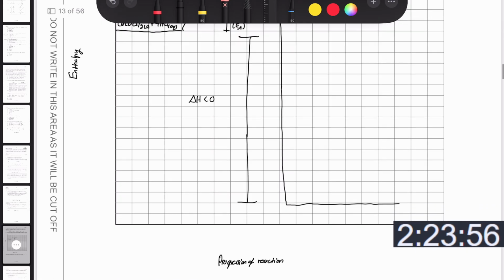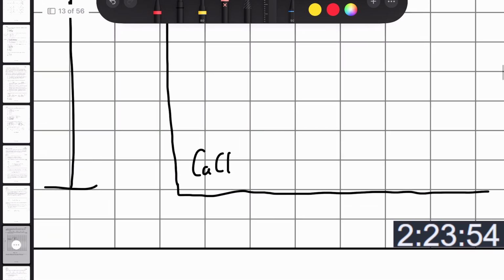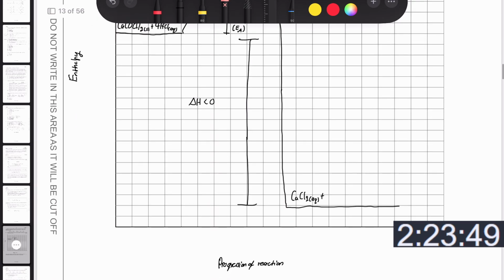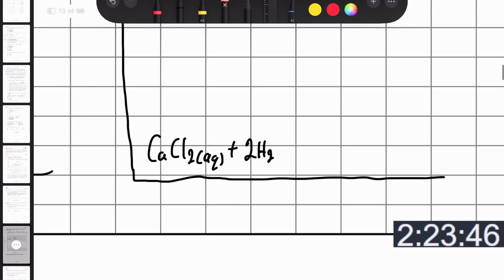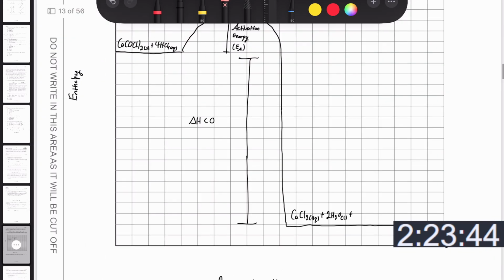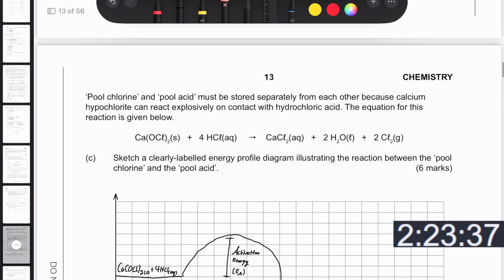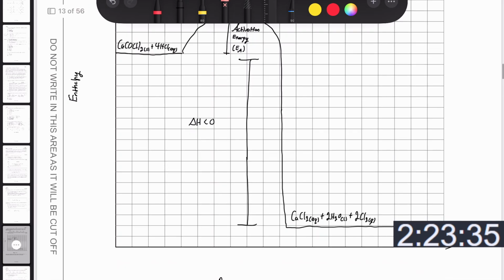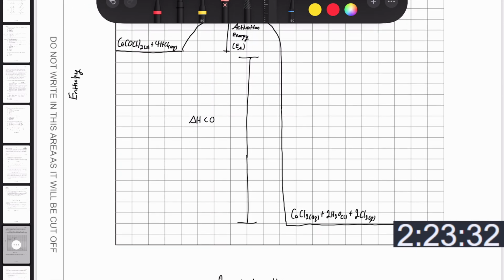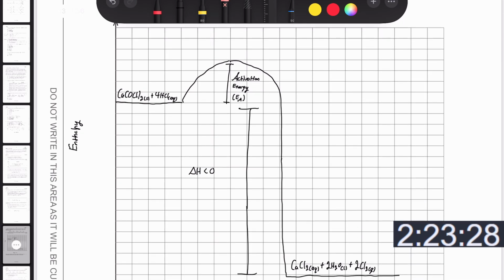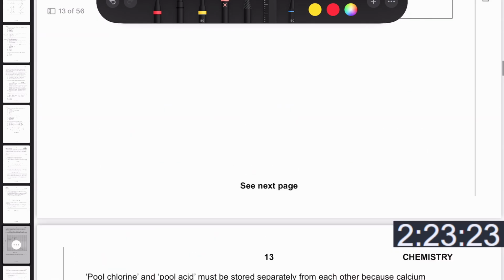And at the bottom is CaCl2 aqueous plus 2H2O liquid plus 2Cl2 gas. Okay, so maybe 2 for the axes, 1 for the shape of exothermic, and then labeling, and products and reactants. Okay, pretty happy with that.